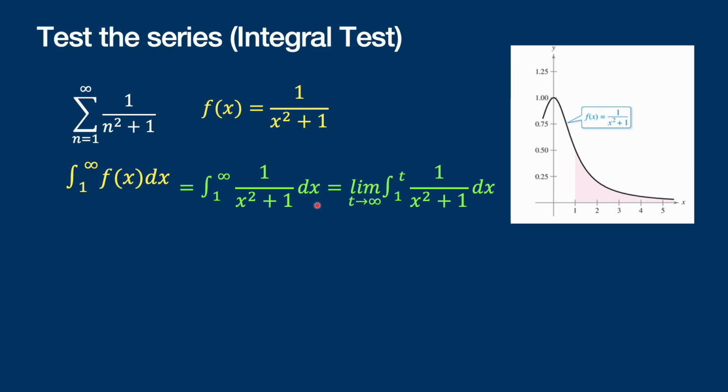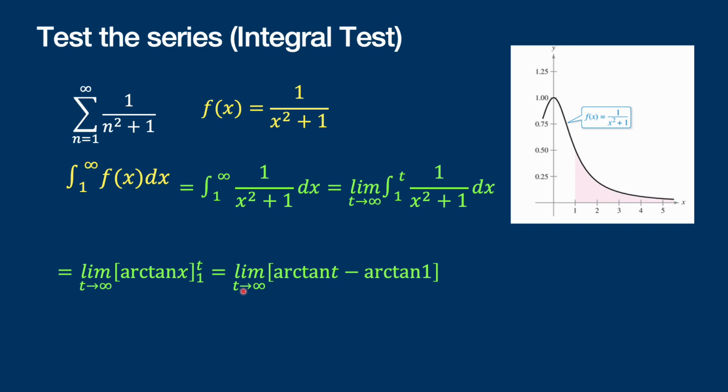That's an improper integral. Use the definition of improper integral: the limit as t approaches infinity of the integral from 1 to t of 1 over x squared plus 1 dx. Find the antiderivative of 1 over x squared plus 1. That's the arctangent. Arctangent x from 1 to t. You plug in t, arctangent t. You plug in 1, arctangent 1. Arctangent 1 is pi over 4.